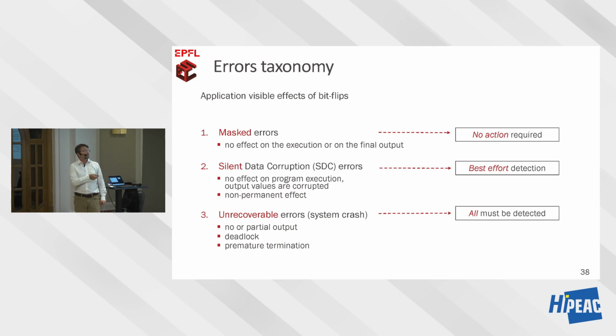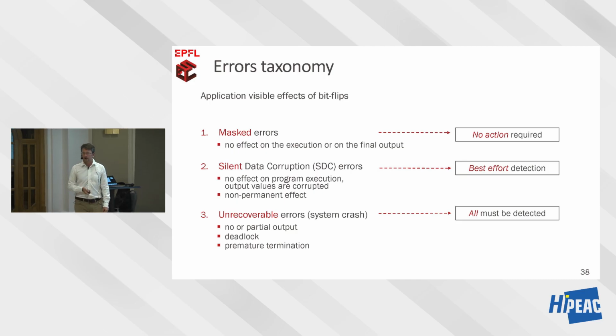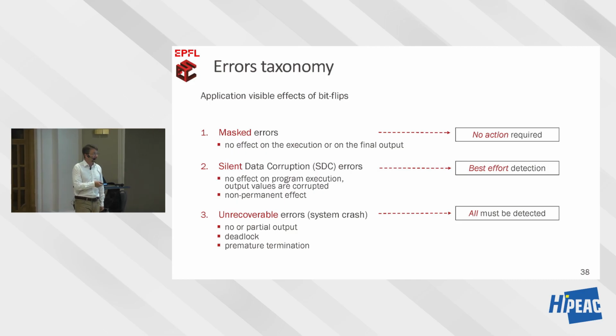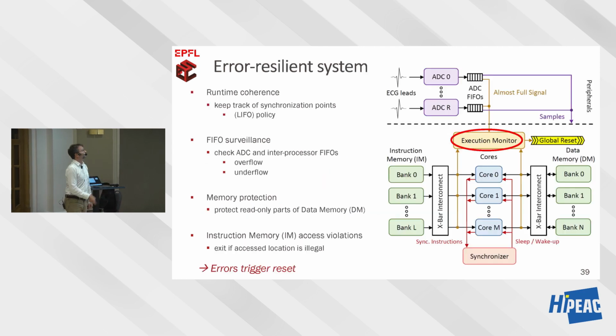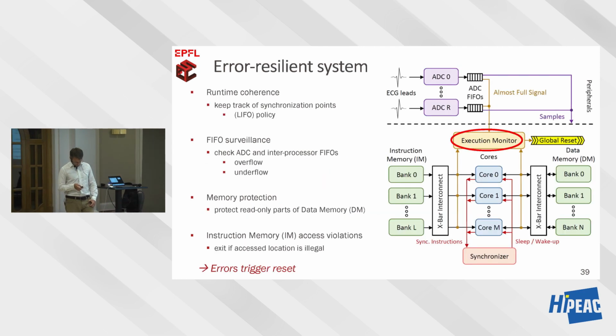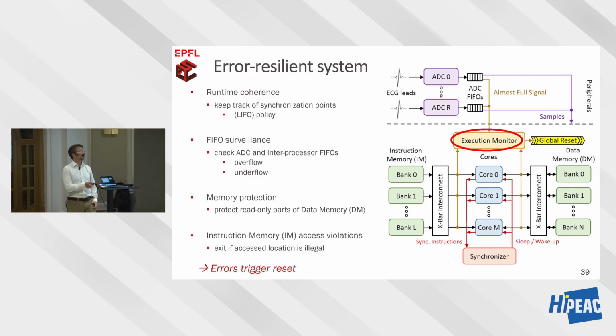Masked errors, we don't have to do anything, they are masked by themselves. Silent data corruption, we would like to catch those, but it is not strictly required. System crashes, all of these must be detected. So we wanted to see what is the minimal amount of hardware support which can allow us to have this behavior.